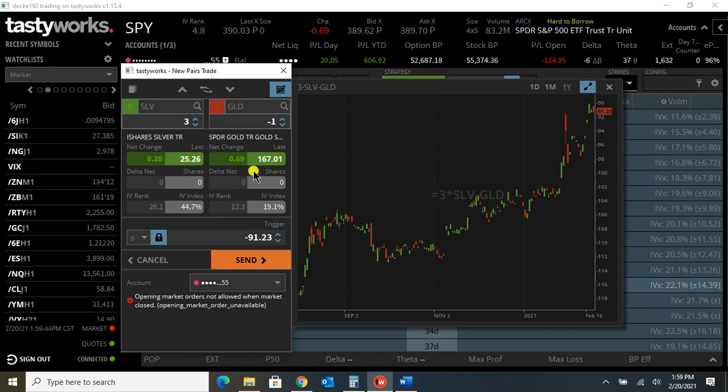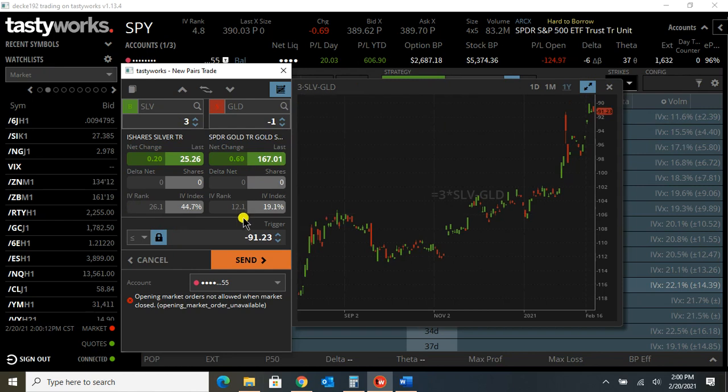So 75 plus 167, that's about 240 bucks. So this one pair costs about 240 bucks. It's a good, easy way to see how pairs trades work, and get your feet wet without risking too much notional.